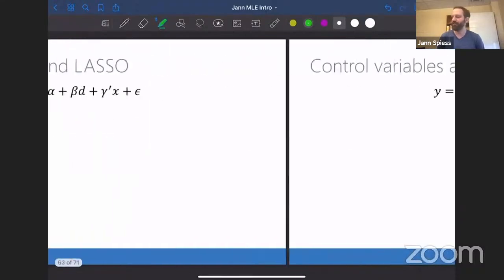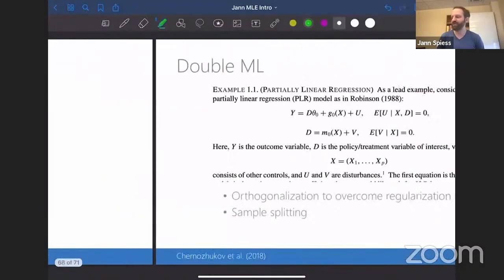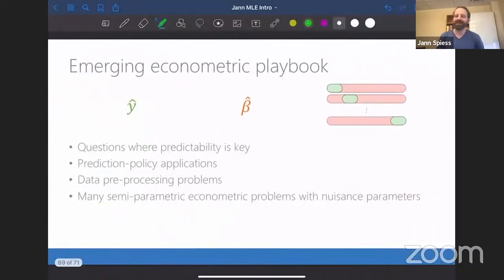So on Friday I go over some examples of how we can bridge that gap. And I think there's an emerging econometric playbook here that bridges that gap by basically distinguishing between the prediction part on one side and the estimation part on the other. One example is IV estimation, where I could see the first stage as a prediction part and the second stage as an estimation part.